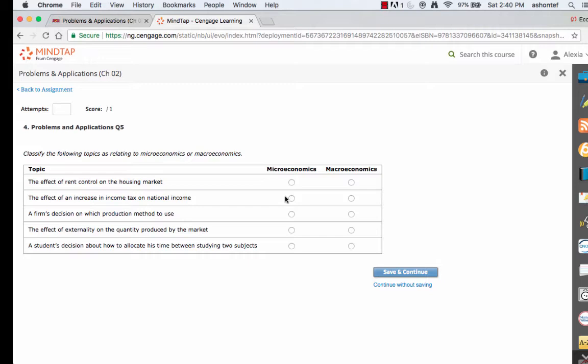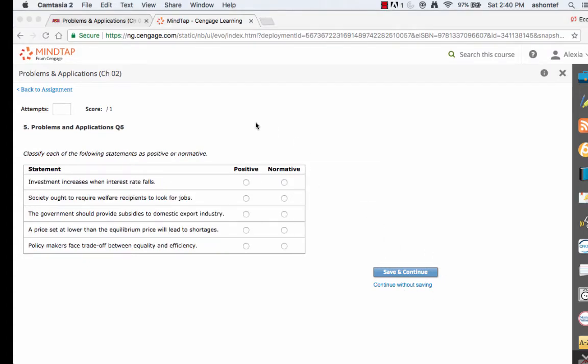It's more the small, the individual, and macroeconomics is going to be more issues of how it will impact income overall, people overall in an economy. So as a hint, you're only going to have one issue here that's actually going to be considered a macroeconomic issue.